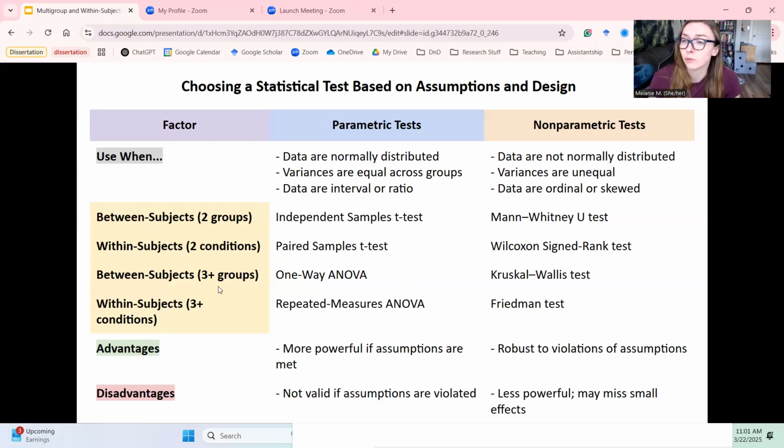If we're using 3 or more groups, if it's a between subject design, we'll use a one-way ANOVA. And if it's a within subject design with 3 or more groups, we're going to use a repeated measures ANOVA. These are some of the advantages of those parametric tests and disadvantages compared to the non-parametric advantages and disadvantages.